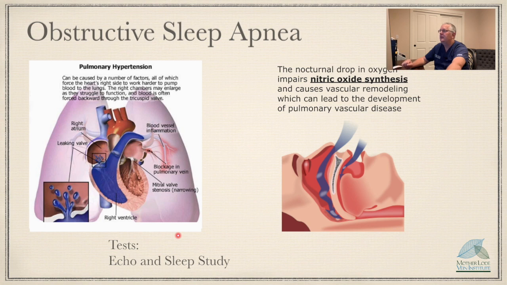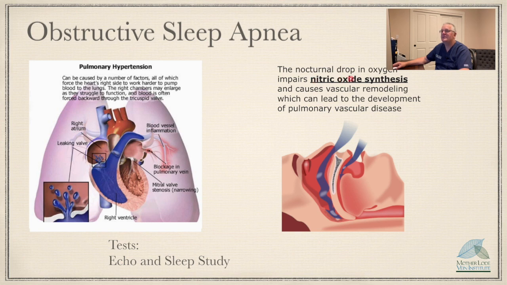So if you see over here, this is what happens when you have inflammation. What happens, I should say, is you get a drop in the nitric oxide synthesis because of intermittent low oxygen levels, because your tongue falls to the back of your throat and you don't breathe for intermittent periods of time, so you become hypoxic, which means you have a low oxygen level.